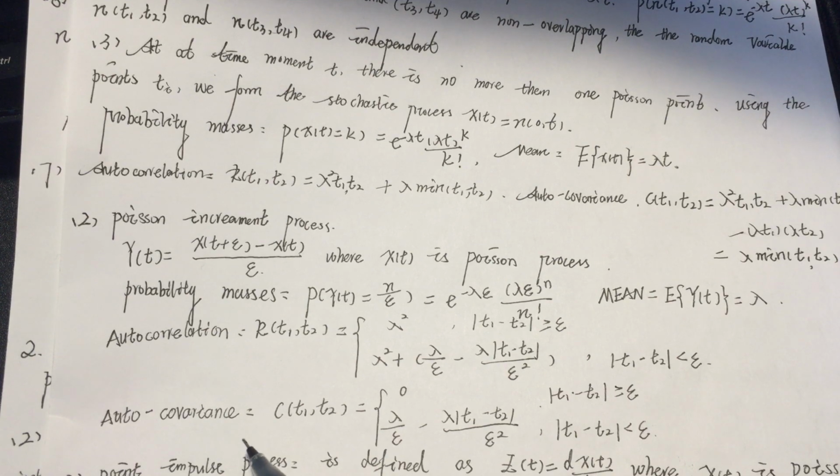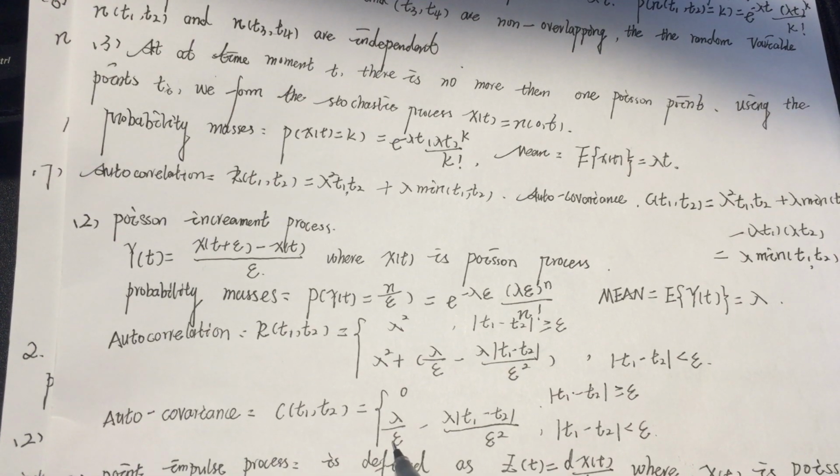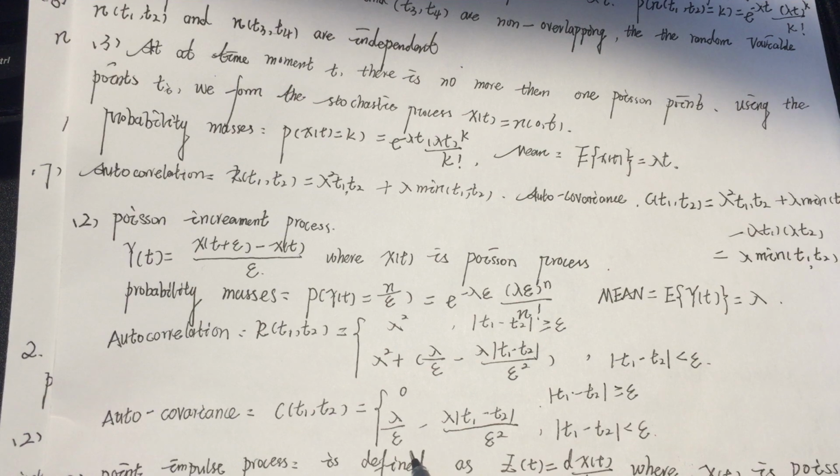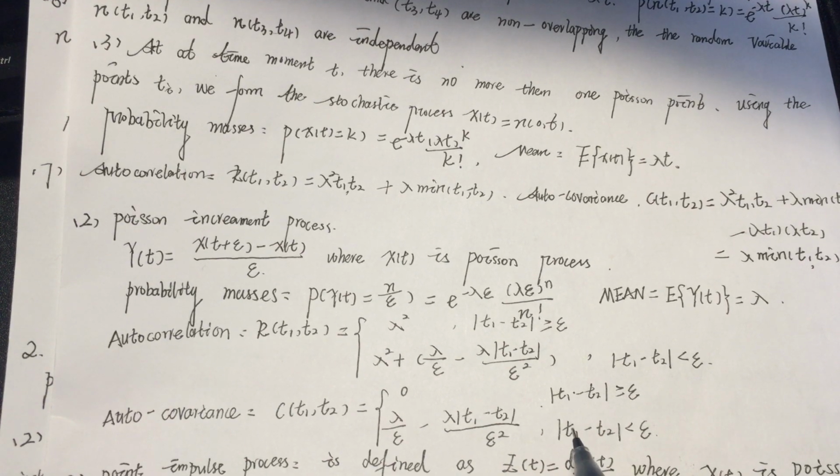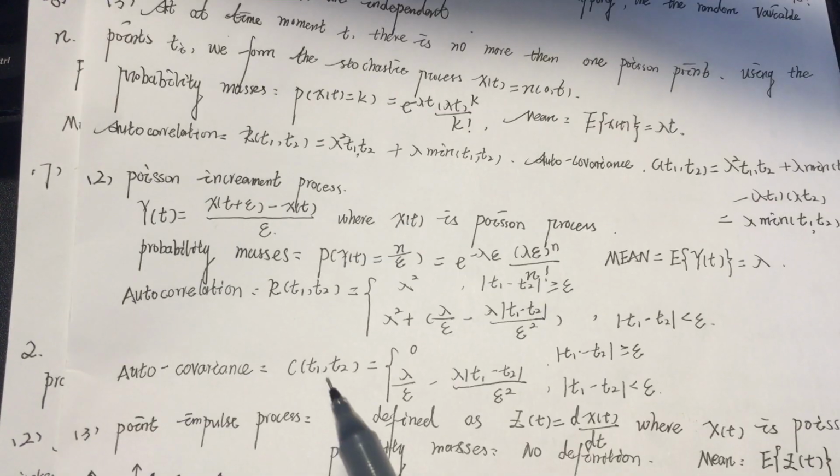The autocovariance equals 0 when the absolute value of t1 minus t2 is larger than epsilon, and it equals lambda over epsilon minus lambda multiplied by the absolute value of t1 minus t2 over epsilon squared when the absolute value is less than epsilon.